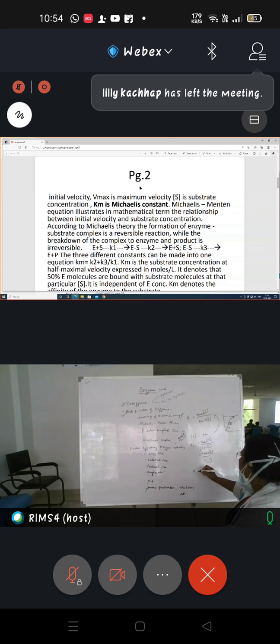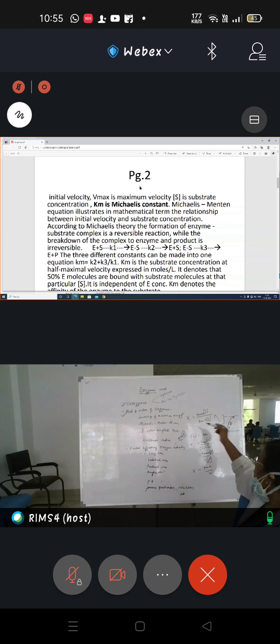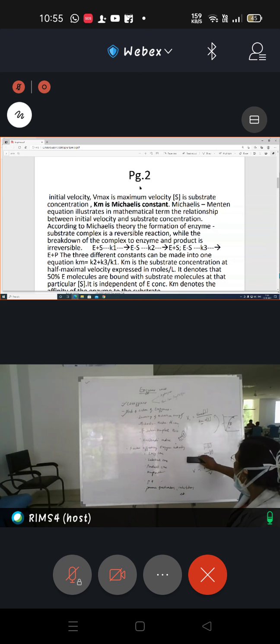We can say the velocity is equal to Vmax by 2. Here the velocity is Vmax by 2. So at point B, the substrate concentration is equal to Km. By substituting the value of Km, we write it this way and come to the conclusion that the velocity is half the maximum velocity.